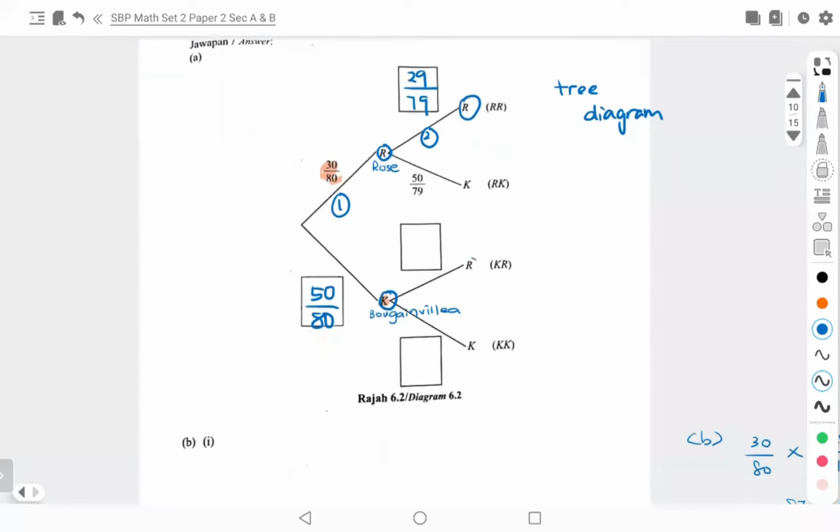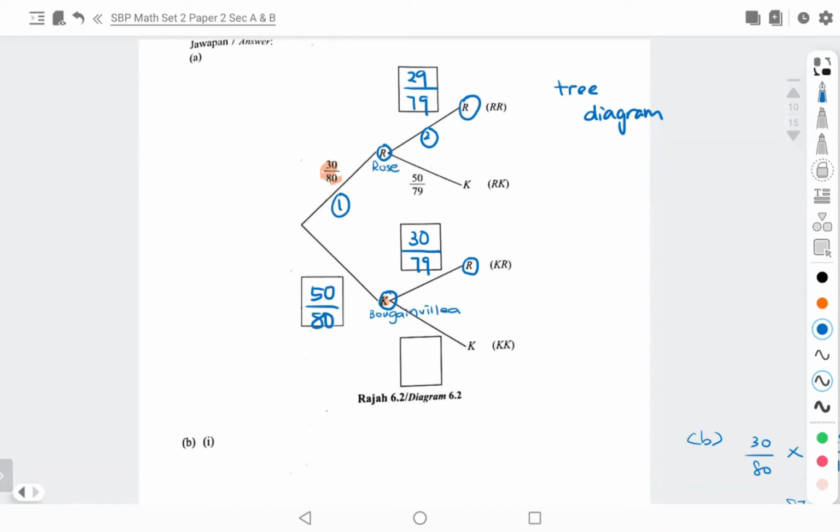Then next, if you want to choose rose, because the first selection is bougainvillea, K, the rose still remains as 30, no change. But then the total becomes less, 79. Got the idea? So it should be 30/79.